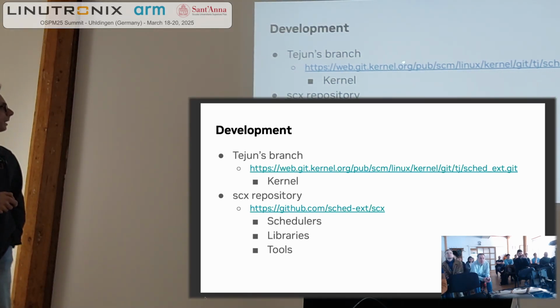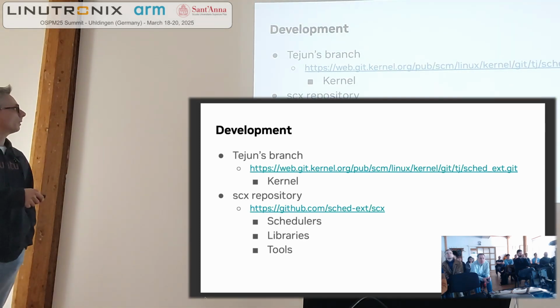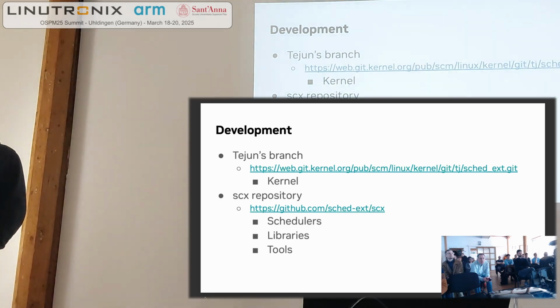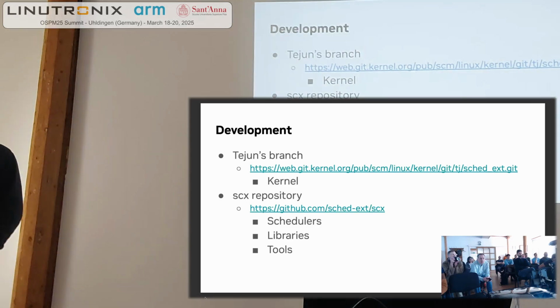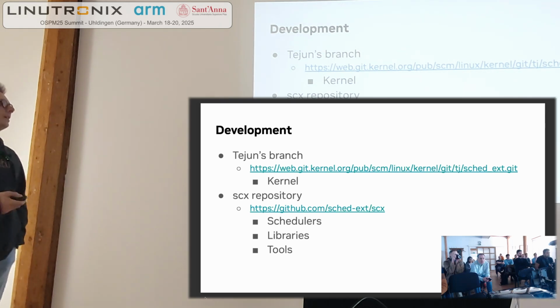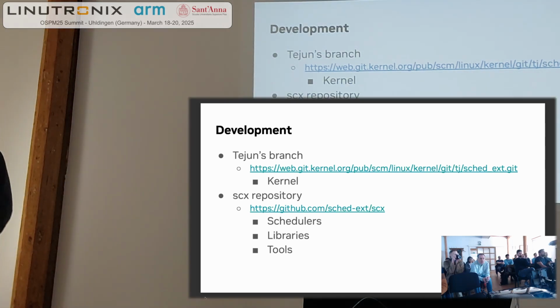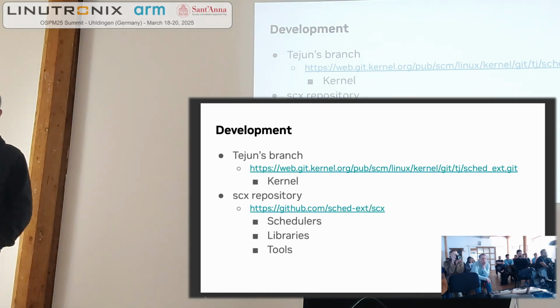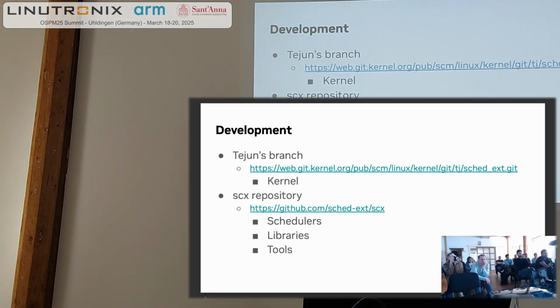And we don't have the schedulers in the kernel tree, but we have this repo on GitHub where we maintain basically all the schedulers, libraries, and tooling. We decided to do that, of course for the tooling it makes sense, but for the schedulers as well, to have more freedom to accept new people doing experiments.